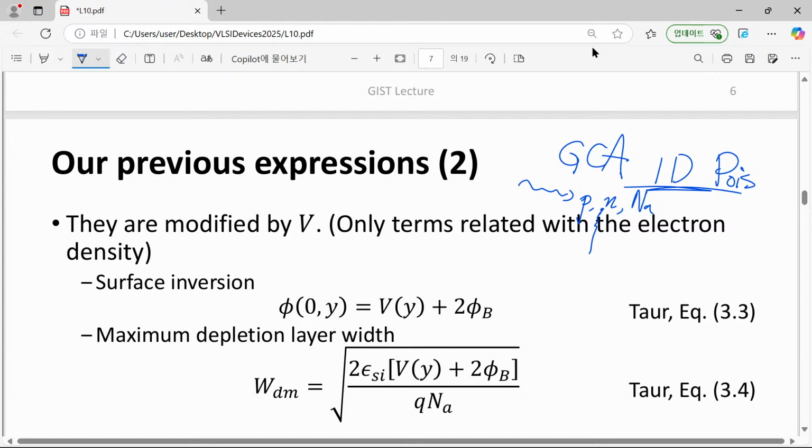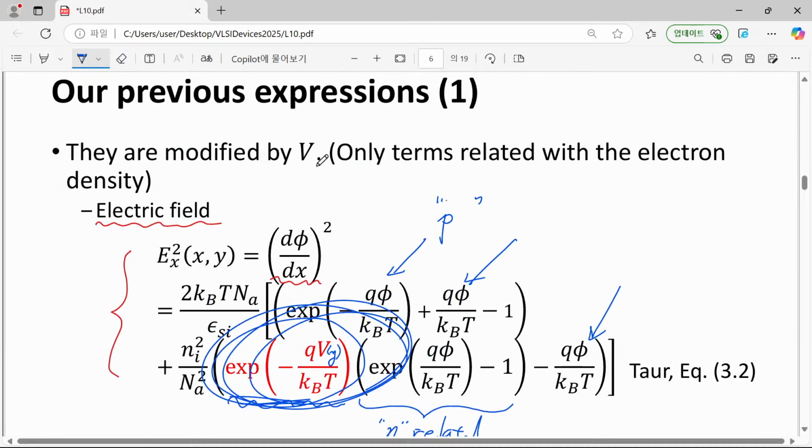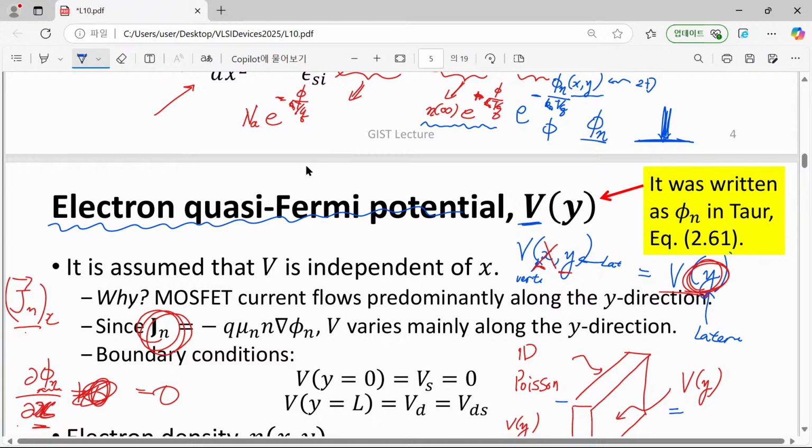So the 3 different terminals, source, drain, and substrate, each try to influence the quasi-Fermi potential for electrons. So we introduce unknown variables. In general, it can be a function of position x and y, but the x dependency was neglected from the observation that the x directional, vertical directional current conduction should be 0.